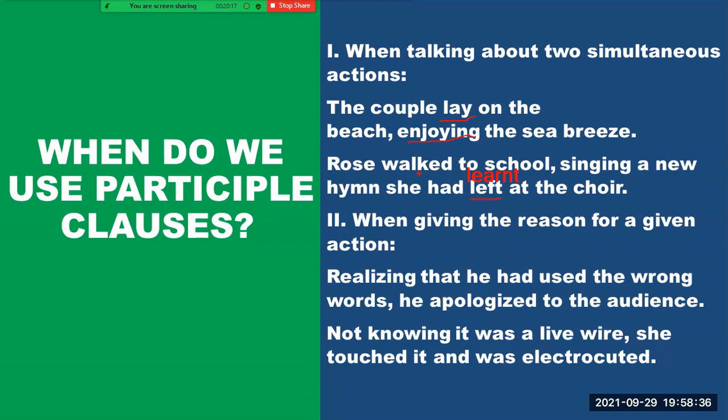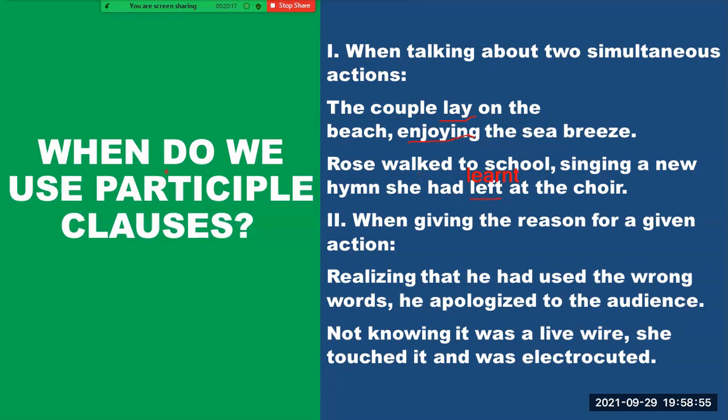Now, the second occasion when we use participle clauses is when giving the reason for an action. You want to explain why something happened or why someone had to do something.